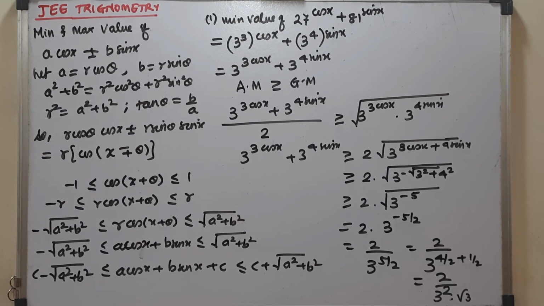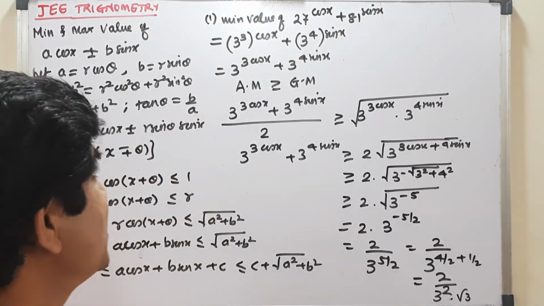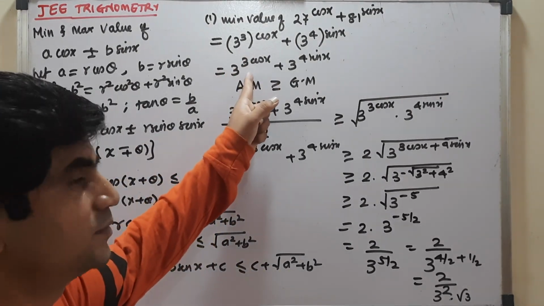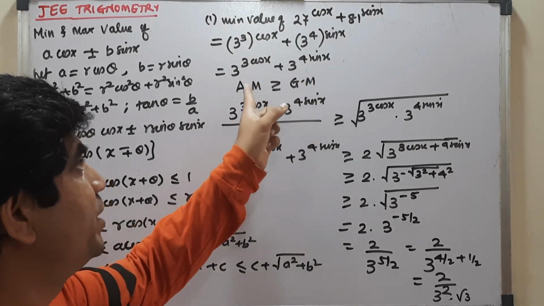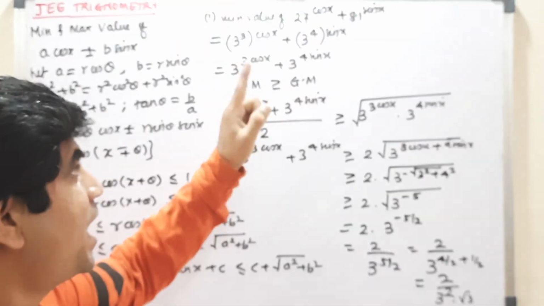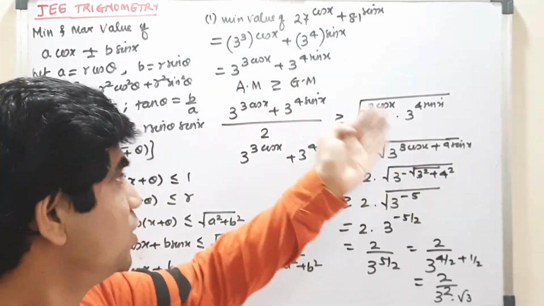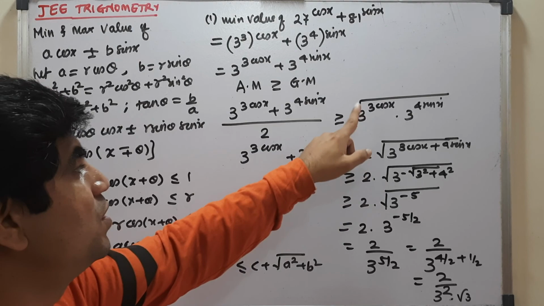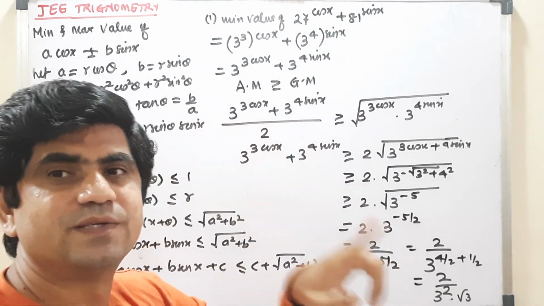But we forget one thing: index rule cannot be used over here because a plus sign is there. So what we are doing here is relating AM with GM because I want addition. So addition will be given to me by AM and GM gives me multiplication. If it is giving me multiplication or product, obviously it will help me to reduce it in the form of A cos x plus B sin x.